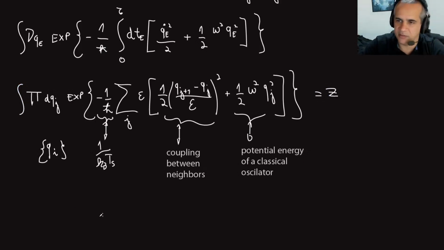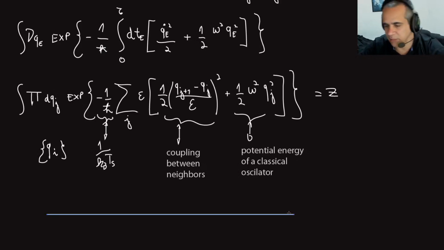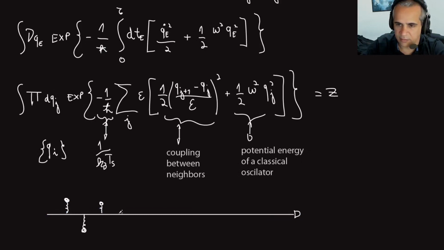Remember, there's no kinetic energy, but what you're seeing here is really this lattice that has many particles set in a lattice, and this distance here is really the Euclidean time, right?